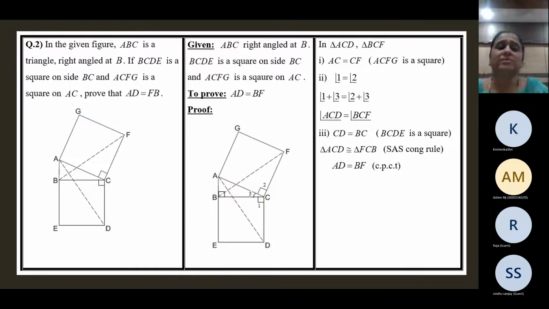Okay. So let me say something. Now we know that the hypotenuse is the longest side in a right triangle. So we have two squares on AC and BC. Which is greater, AC or BC?